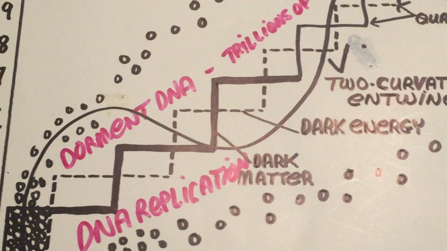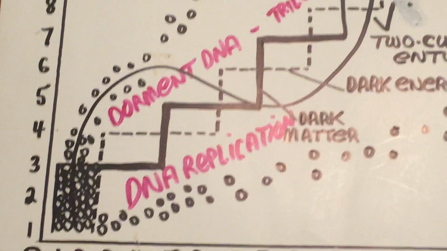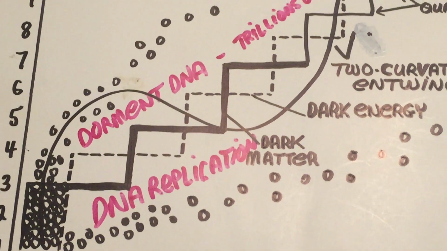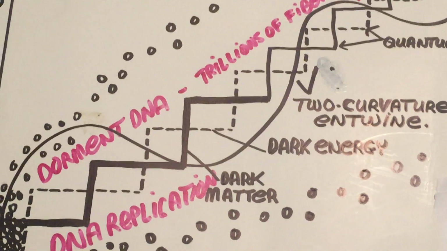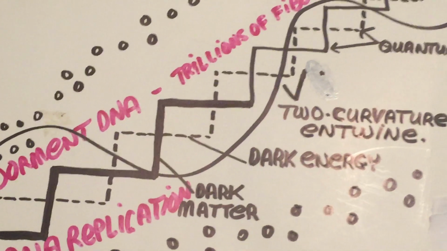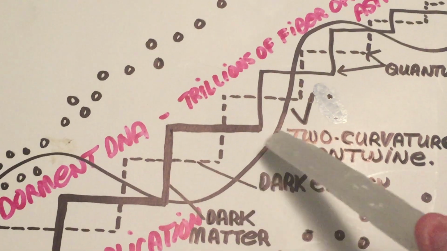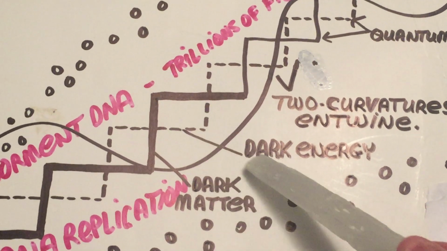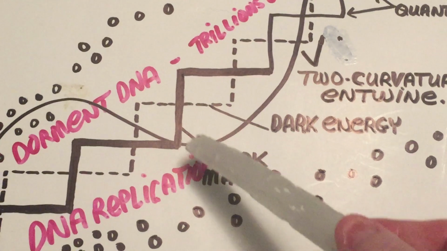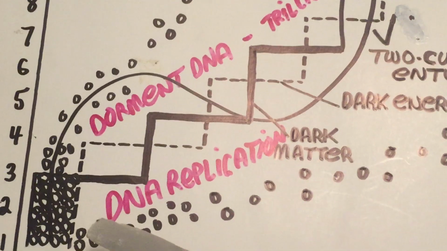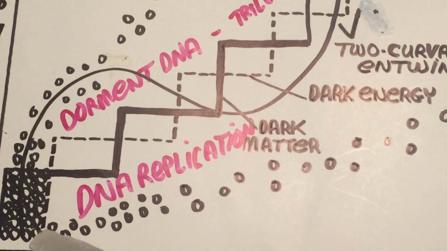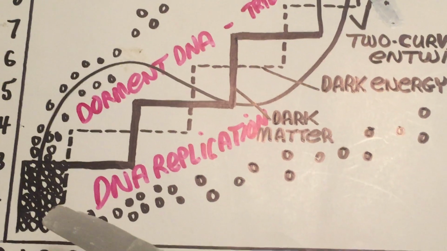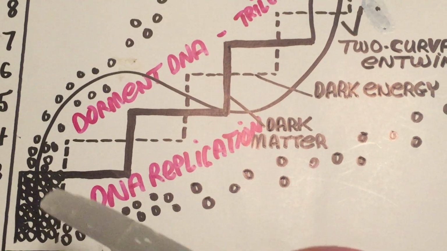Going back, we start off with the dark matter, the two space-time curvatures seen here. These two curvatures, one is represented as dark energy, one is dark matter, and it accumulates into our physical existence.